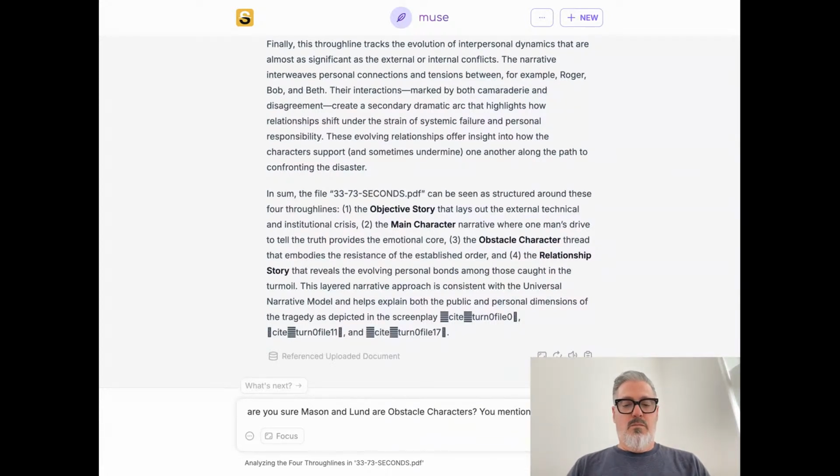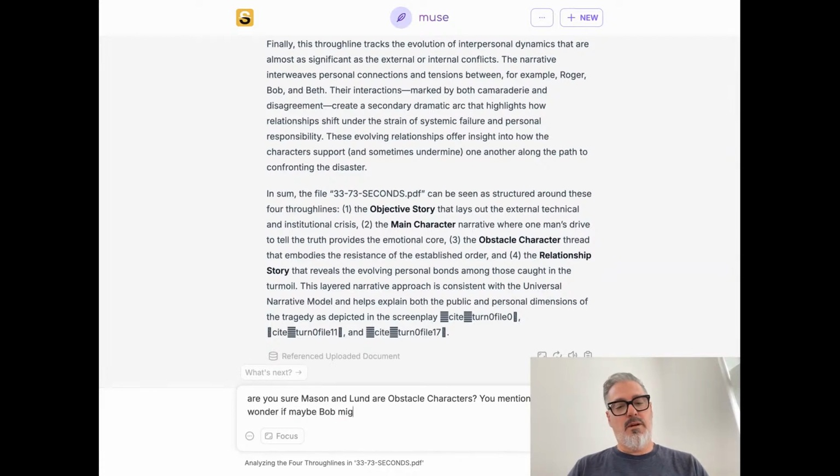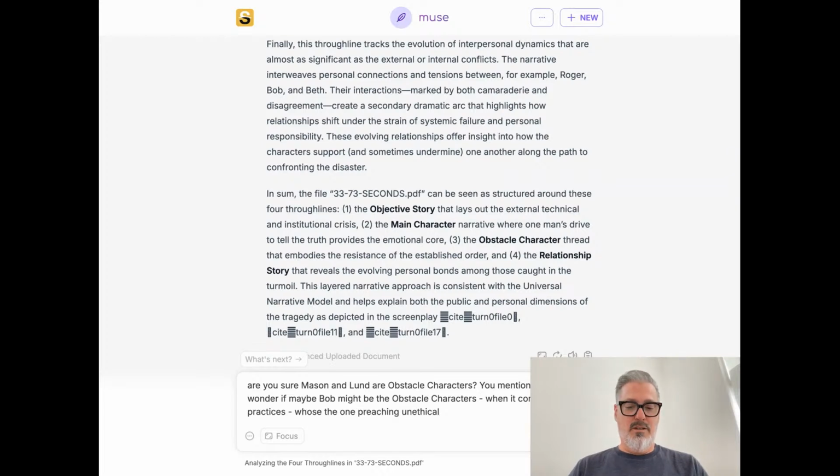You mentioned Bob, and I wonder if maybe Bob might be the obstacle character when it comes to ethical practices. Who's the one preaching unethical ways, or who is the opposite?